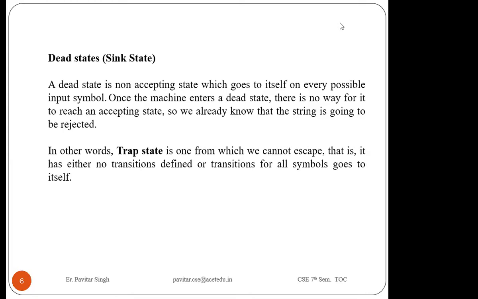I'm repeating the definition again: a dead state is a non-accepting state which goes to itself on every possible input symbol. Once the machine enters a dead state, there is no way for it to reach an accepting state. So we already know that the string is going to be rejected.